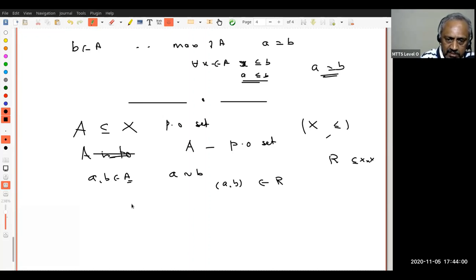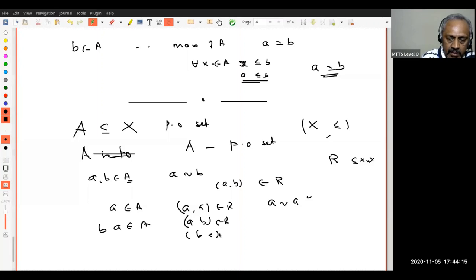That is very easy because you give me a in A, then (a, a) belongs to R. That means a is related to a. And similarly, if a, b are in A, and if you say (a, b) is in R and (b, a) is in R, then I know a equals b. You understand? Please pay attention. Given any relation on X, it induces a relation on a subset. That is very easy.